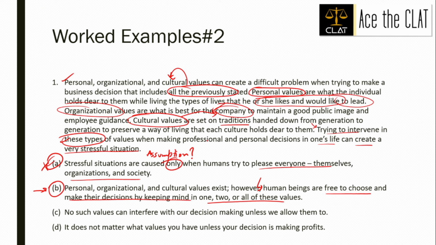When we cannot make our decisions by keeping these three values in mind, or any one of these three values in mind, or even a combination of any two in mind, we cannot say that these values work together, right? And hence they cannot create a stressful situation, because in the last sentence he has said that trying to intervene in these types of values, trying to merge these types of values, trying to use a combination of these types of values will create or can create a stressful situation, right? So this is our correct answer.